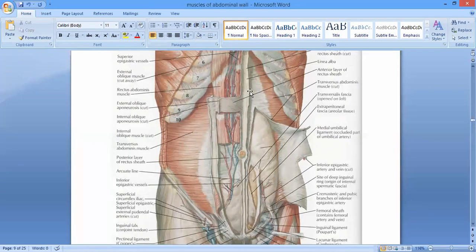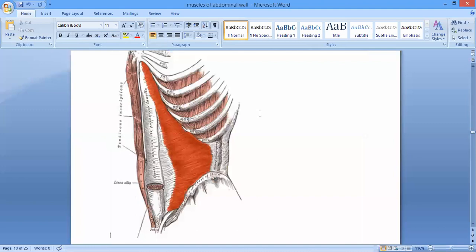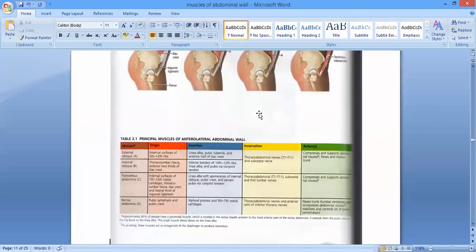What is the line of attachment of the rectus sheath to the rectus abdominis muscle? कौन बताएगा? Tendinous intersection. जी, tendinous intersections. Very good. So ये tendinous intersections पे कोई प्रॉब्लम तो नहीं है बच्चे? Everything is clear now? रेक्टस शीथ में, इसके कंटेंट्स में, इसकी फॉर्मेशन में कोई प्रॉब्लम है तो you can ask me right now.